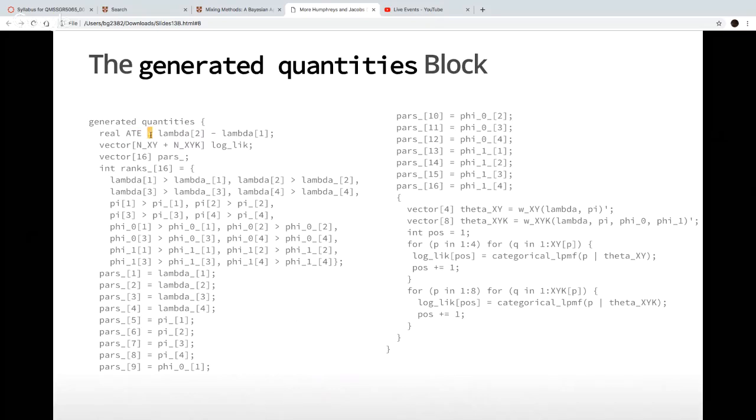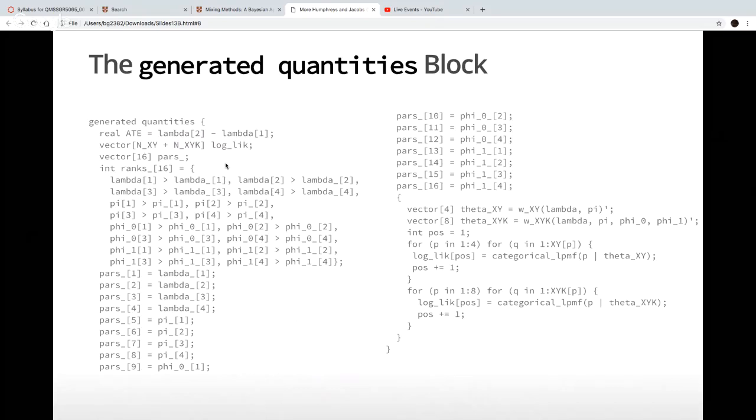That is defined in the paper as lambda b minus lambda a, the proportion of observations who are beneficially affected by treatment minus the proportion of observations that are adversely affected by treatment. So this is sort of a net effect of whether the treatment is good. We want to declare log_lik.